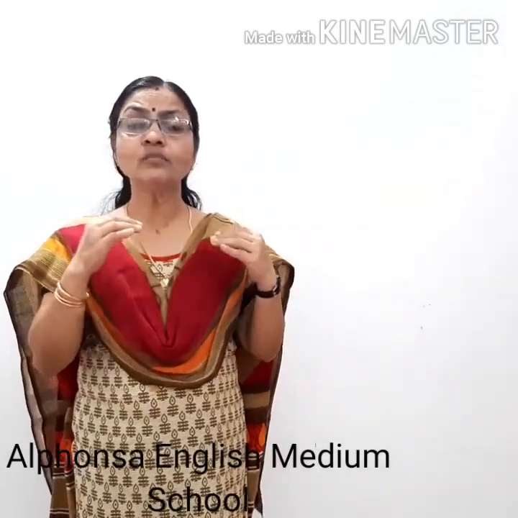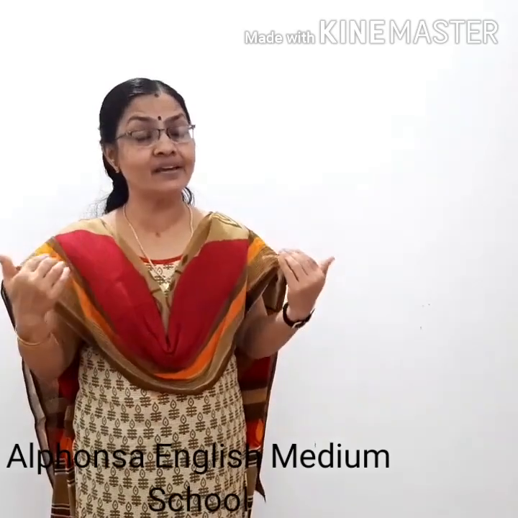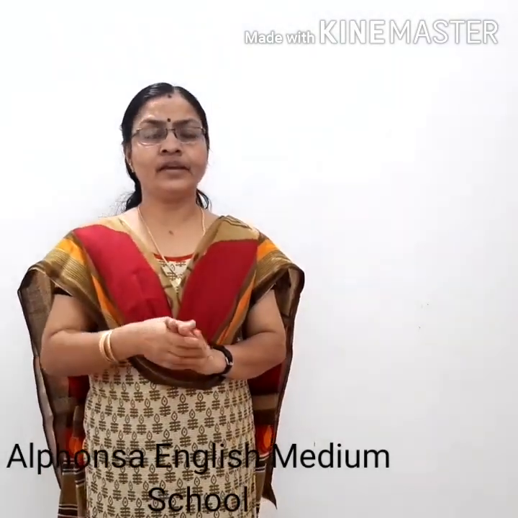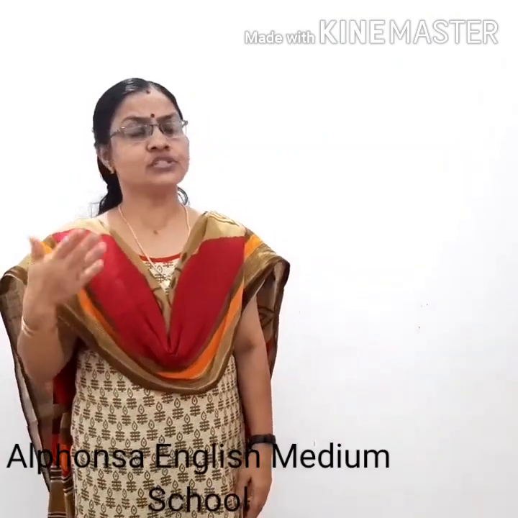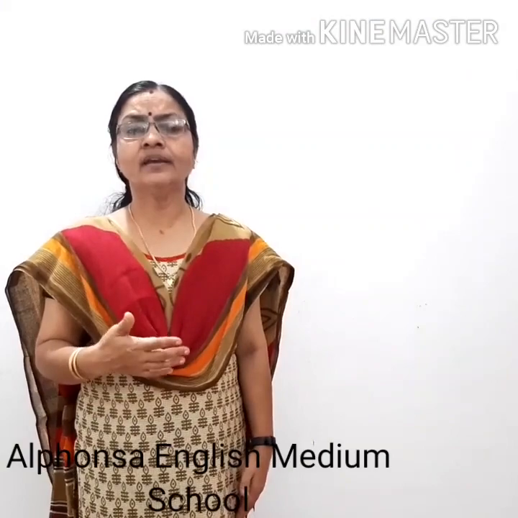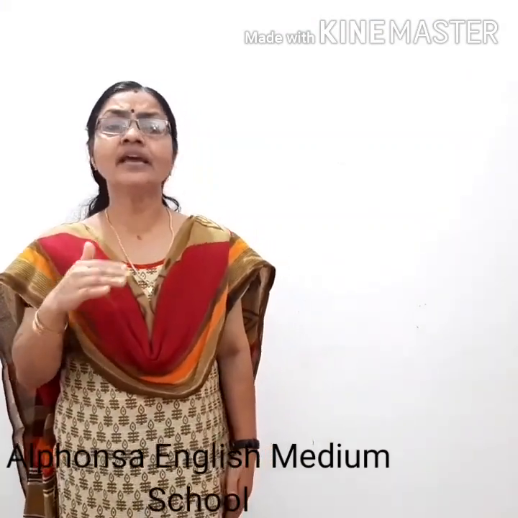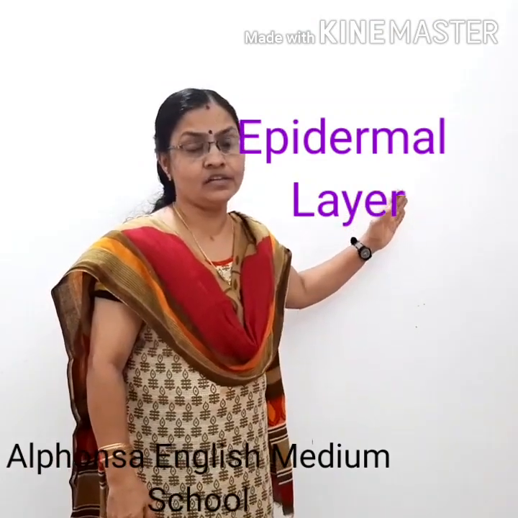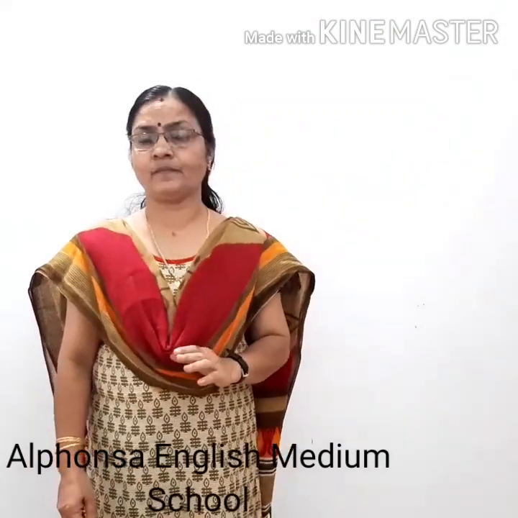Epidermis is the outermost layer of the plant organs, whether it is a leaf, stem or a root. Any part of the plant body, the outermost layer is the epidermal layer. It is called epidermis.